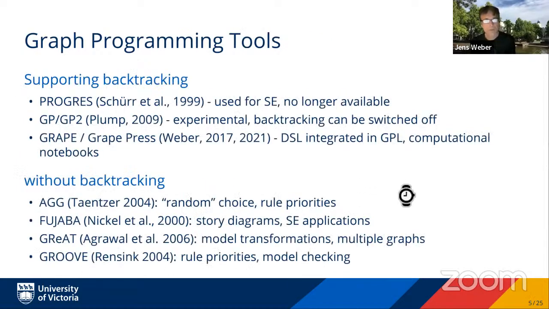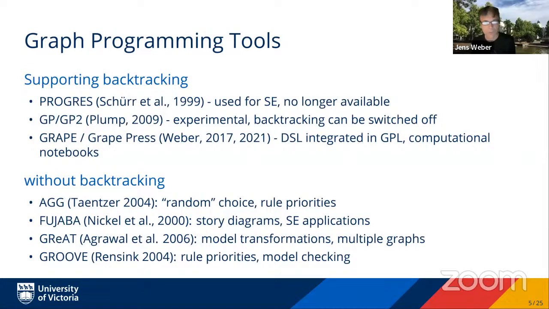So there are some tools that support backtracking. Some of them are still around. PROGRES is kind of archived and around, but really no longer available, and really just there for archival purposes.